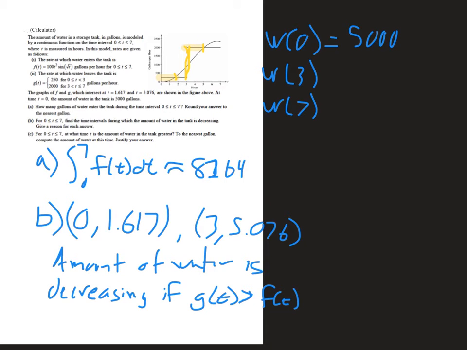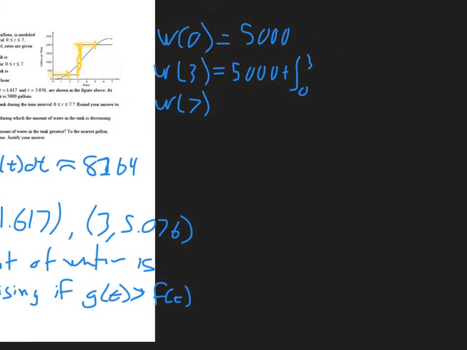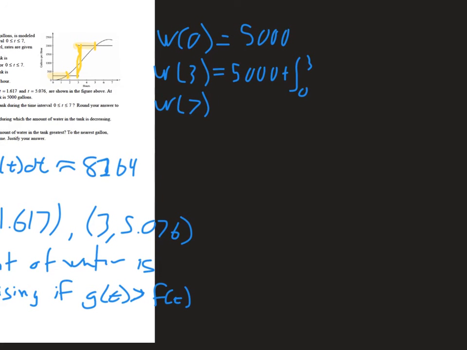W of 3 I'm going to find by doing that initial amount, 5,000, plus the integral from 0 to 3 of f of t minus g of t.